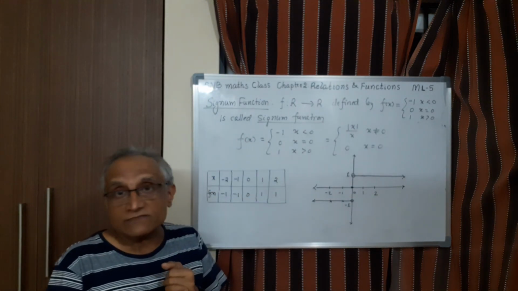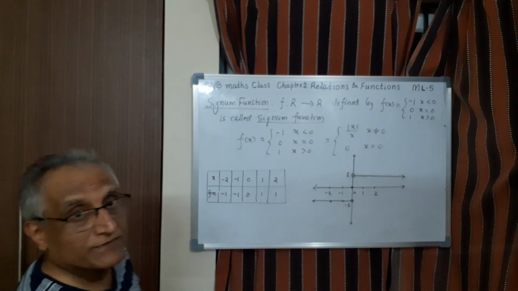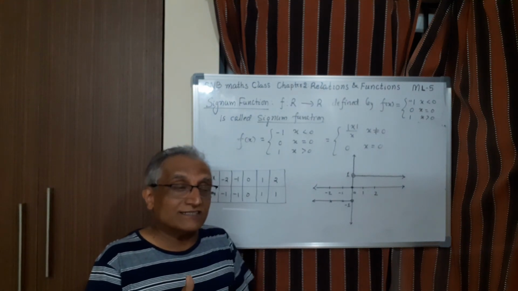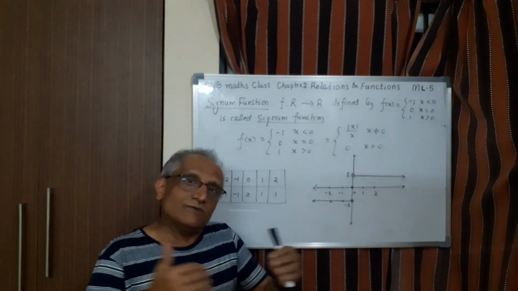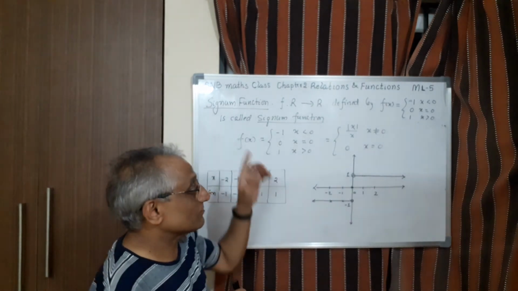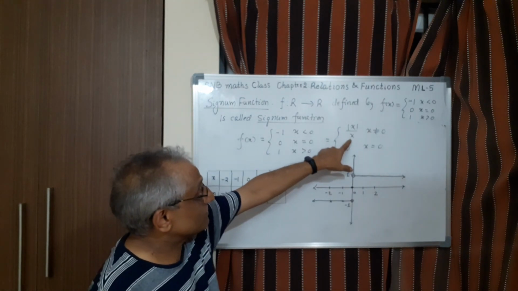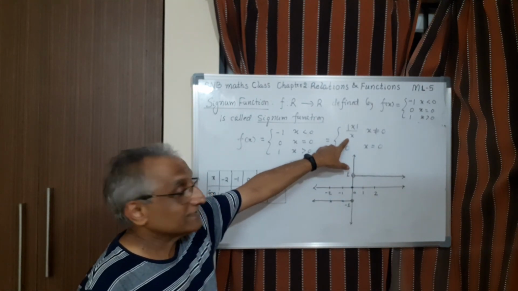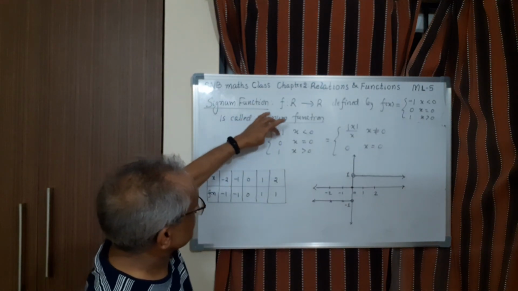One example, reciprocal function I have taken. Then we have taken modulus function. Modulus function is just like a machine which converts every negative into positive, positive into positive only. So that is modulus. And signum function, this is also actually a combination of modulus function by identity function. So this is having only three values, -1, 0, 1.